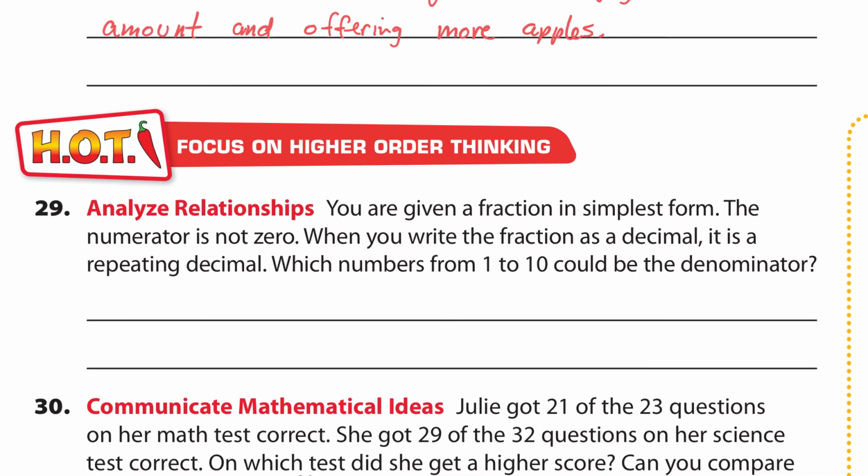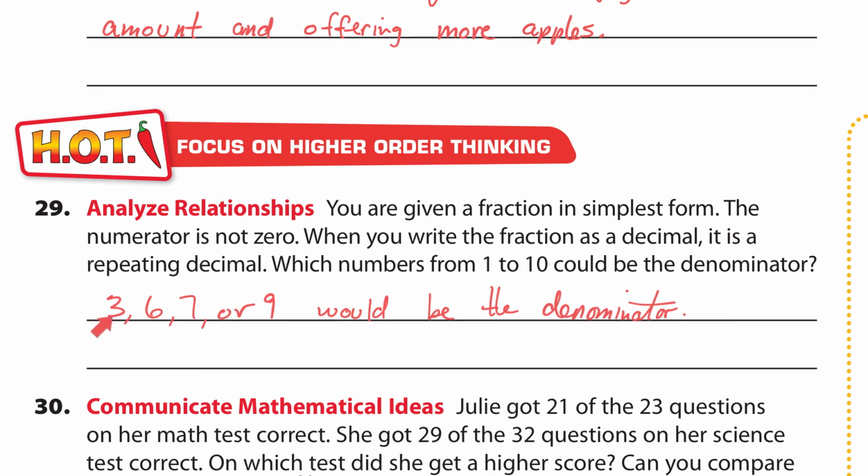Okay, our hot questions here. You are given a fraction in simplest form. The numerator is not 0. When you write the fraction as a decimal, is it a repeating decimal? Which numbers from 1 to 10 would be the denominator? So that denominator would be 3, 6, 7, or 9.